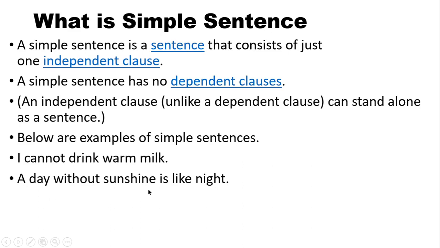A day without sunshine is a phrase, and this is the subject, is is the verb, and like night is the object or extension. Okay, so this is a kind of simple sentence also.